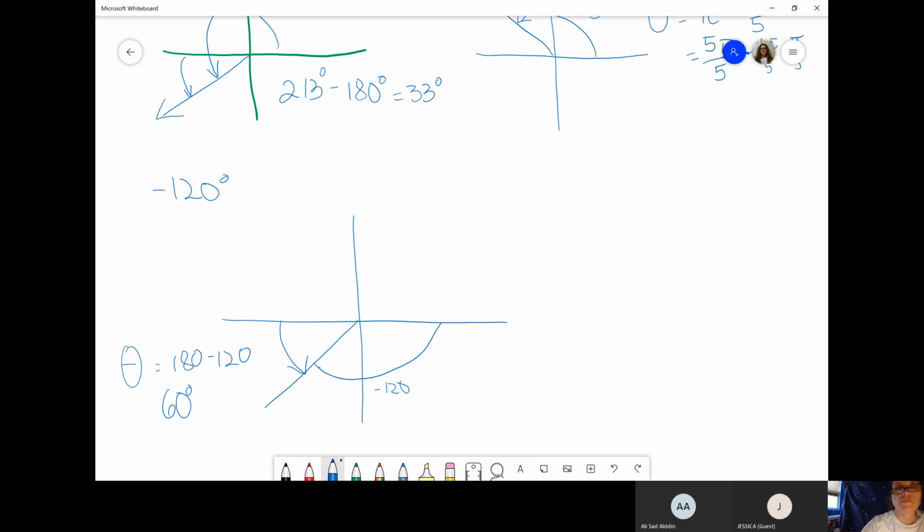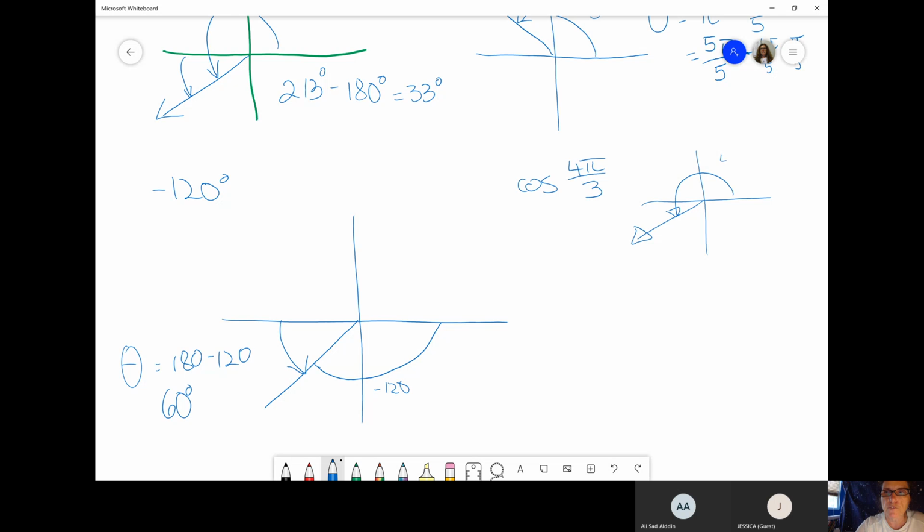Like, for example, if you have the cosine of 4 pi over 3. Well, if you don't have a unit circle handy, and if you don't have a table handy, you can always use the reference angle to figure out the value of the cosine of 4 pi over 3. 4 pi over 3 is in quadrant 3.